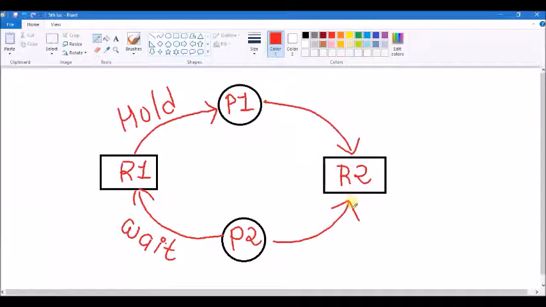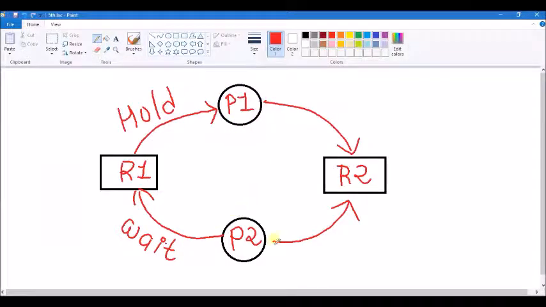Whether to grant this request or not is decided based on a background calculation. For that background calculation, we apply Banker's algorithm. So let's see how it will avoid deadlock in our system.